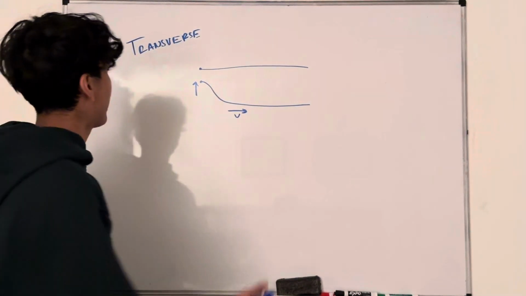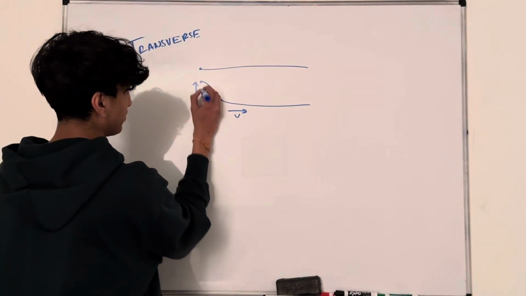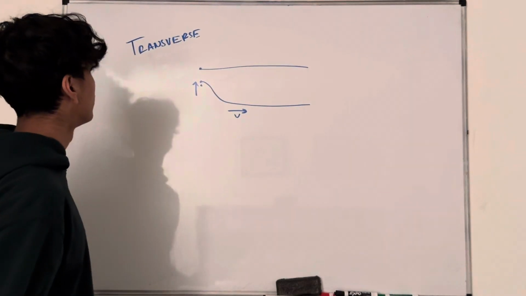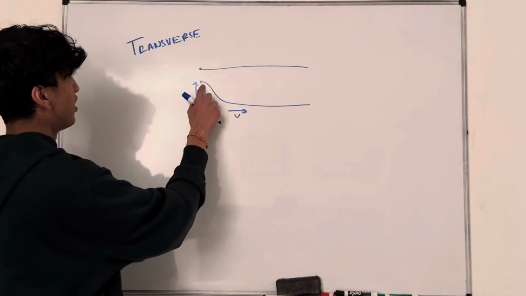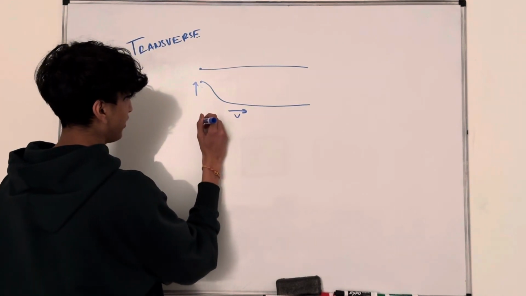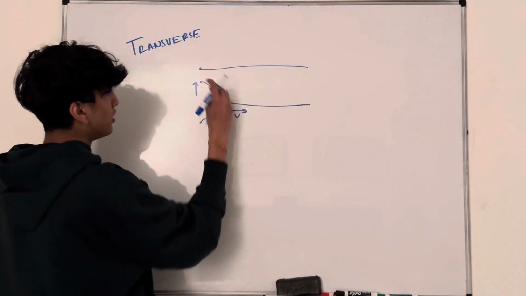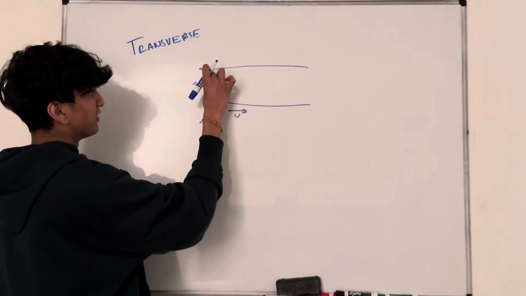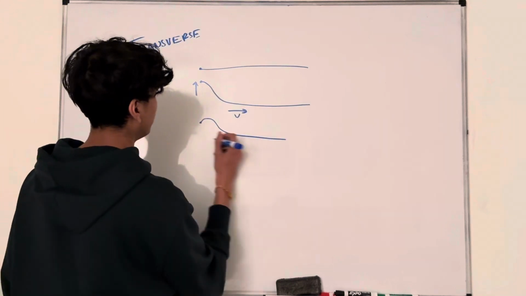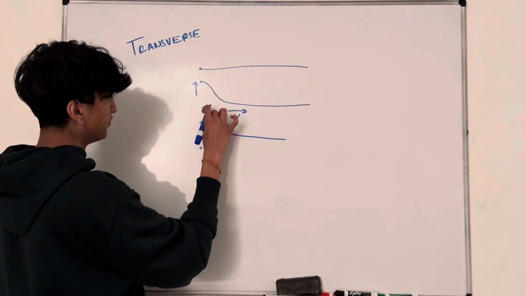As I bring this particle down, this piece of the string is going to move this part of the string up, like so. And then eventually this part of the string is going to move this piece up.